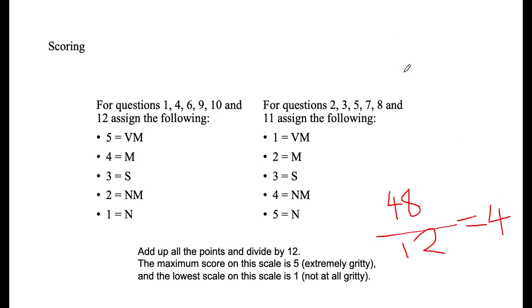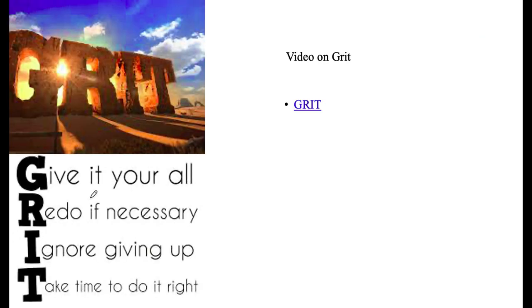And on this scale, if you get close to 5 or 4, that means you are extremely gritty. So you don't give up. You give it all. Redo it if necessary, ignore giving up, take time to do it again, do it right. I just like that. I don't think that's the exact meaning of the term grit, but it tells you what grit looks like.